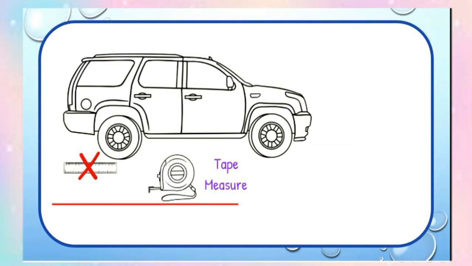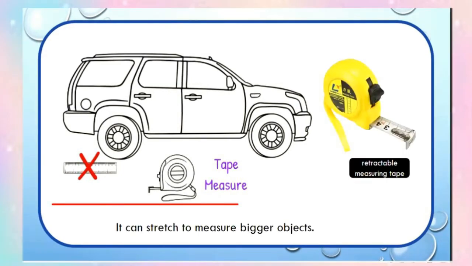The retractable measuring tape can stretch to measure bigger objects. That is why we need to know what type of tool to use. We cannot put rulers together to measure a whole car because it's not accurate and it's not easy. So we need to use the right tool.